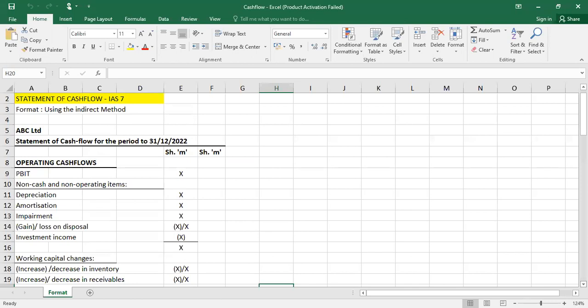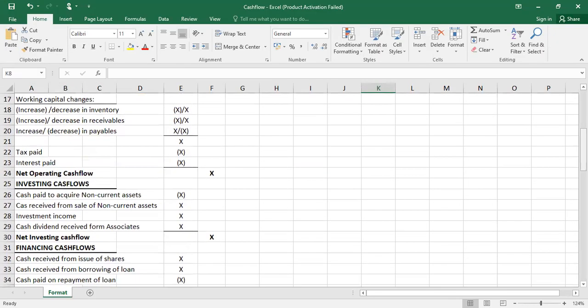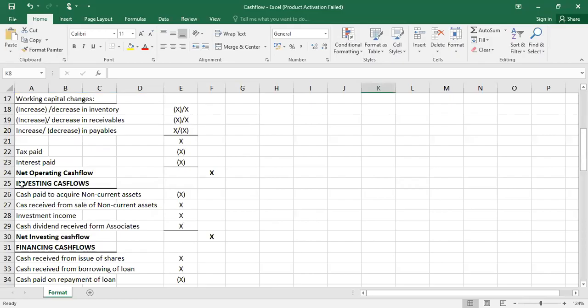the statement of cash flow classifies cash flows into three categories, yeah? One is what we call the operating cash flows, followed by the other category that we call the investing cash flows, and then the last category is what we call the financing cash flows.